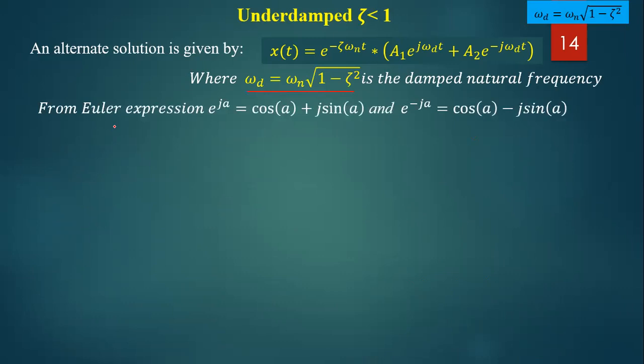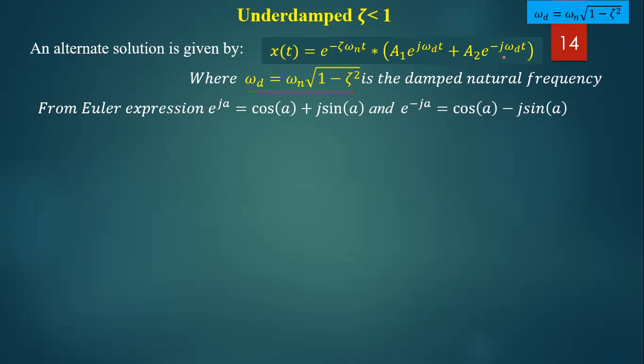Now, once we get this equation, let's use the Euler expression for the relation between the cosine and sine terms and the exponential term. According to the Euler equation, e to the power of j a equals cos a plus j sin a, and e to the power of minus j a is equal to cos a minus j sin a. So let's use this relation for these terms.